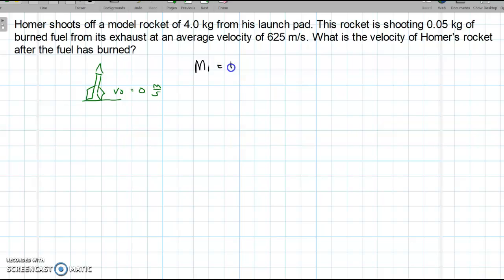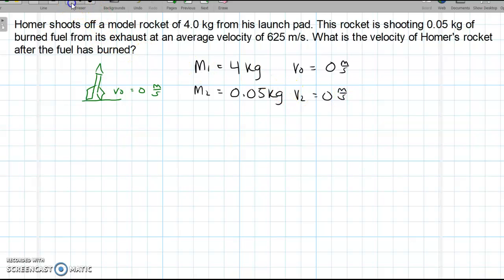So M1 is equal to 4 kilograms. M2 is the fuel here, which is 0.05 kilograms. And our velocities for each initially is 0 meters per second. And I'll just put V2 is also 0 meters per second.